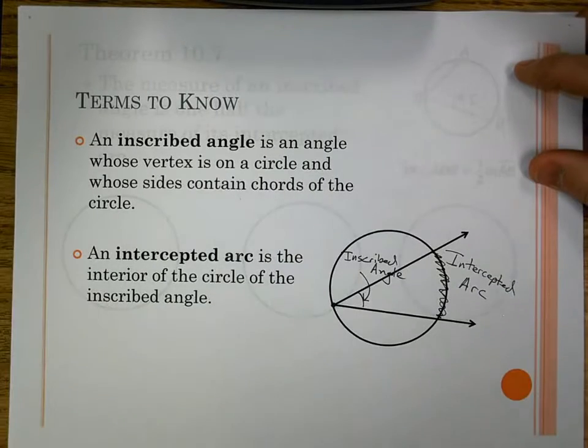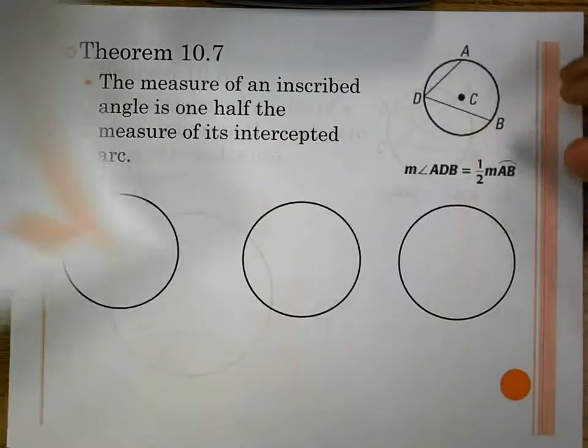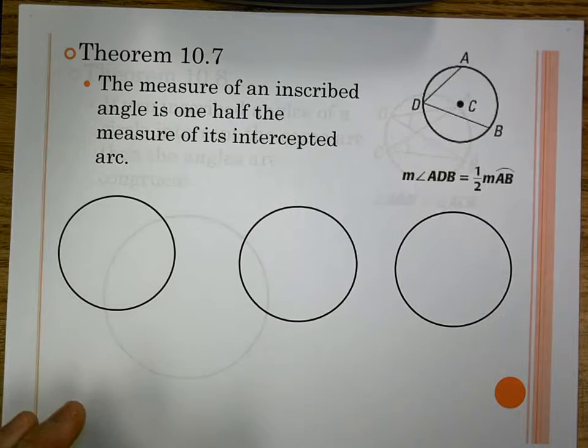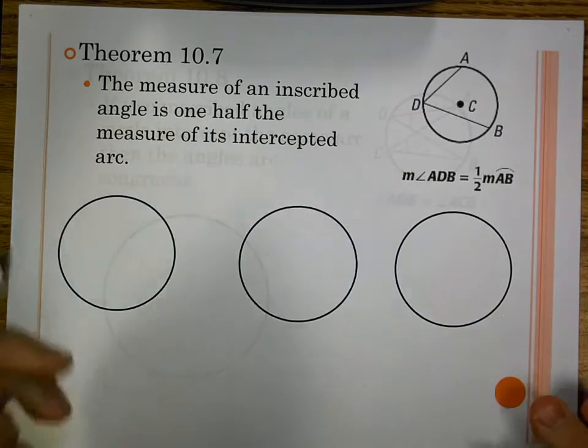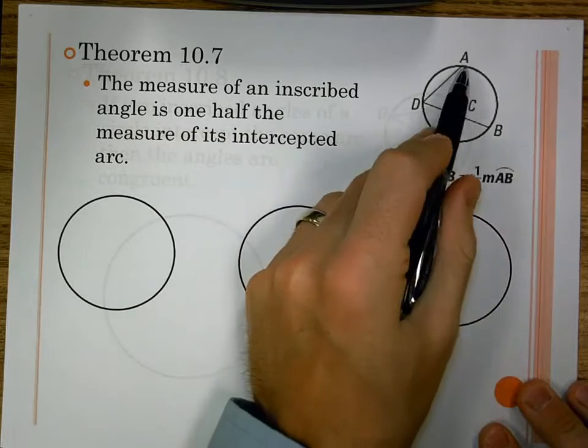Where we did the same thing with a central angle, looking at values, we're going to do the same thing with an inscribed angle. So our first theorem, Theorem 10.7, tells us the measure of an inscribed angle is 1/2 the measure of its intercepted arc. So I look at angle ADB here.